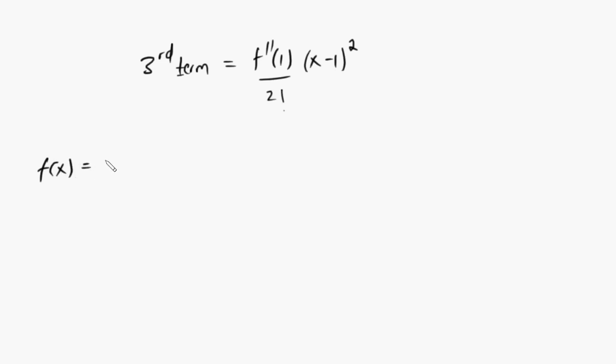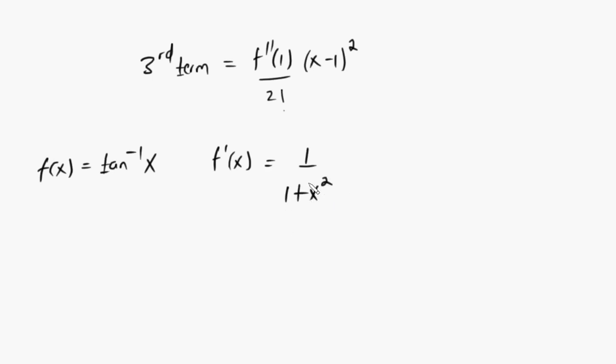So our third term is just going to be equal to the second derivative of f(1) over 2 factorial times (x minus 1) squared. Our f(x), remember, is tan inverse x. So when I differentiate tan inverse of x, I get 1 over 1 plus x squared.